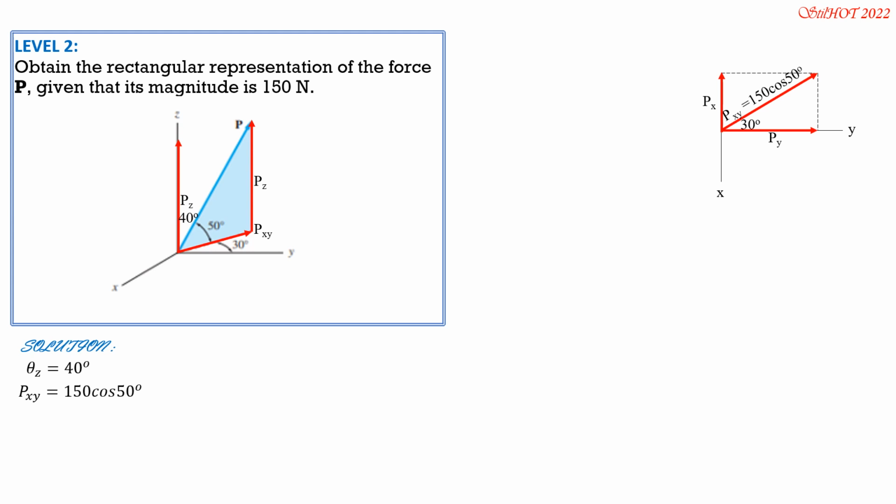Px is opposite to 30, so negative 150 cosine 50 times sine of 30, hypotenuse times sine of 30, but it is negative. So Px is negative 48.21 newtons. Py is positive, in the positive y direction, 150 cosine 50 times cosine of 30.